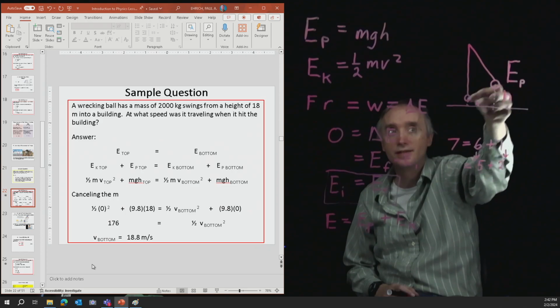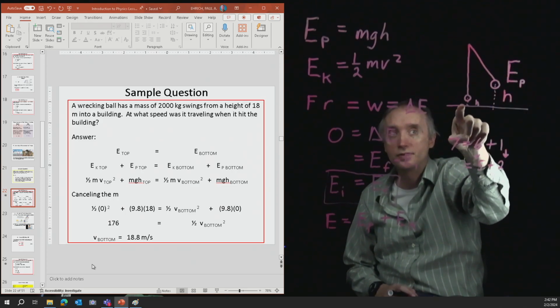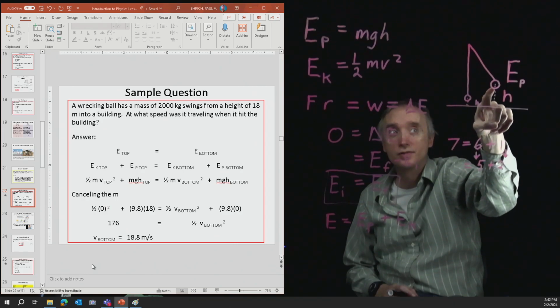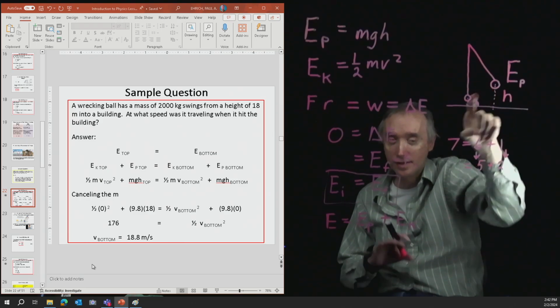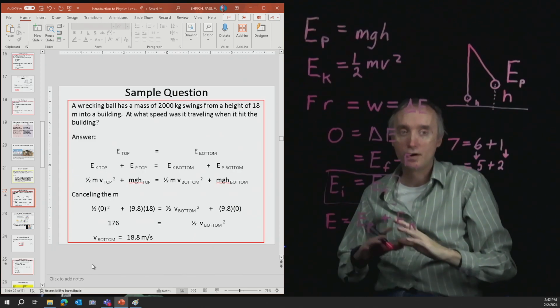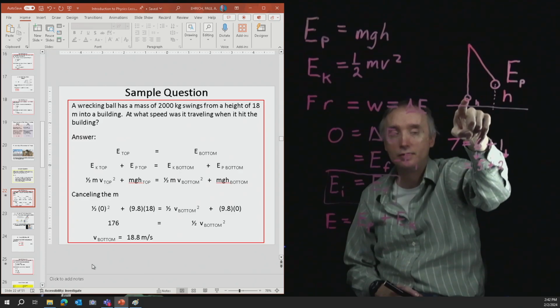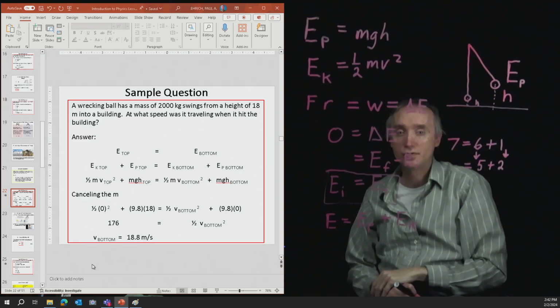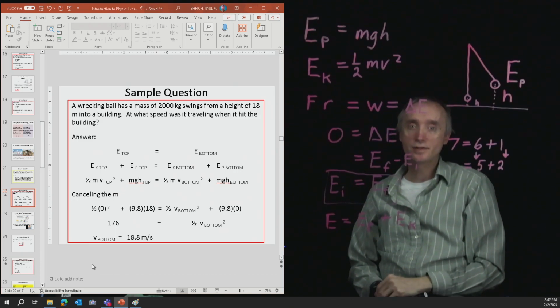It's going to have this exact same speed when it hits the building, whether this was a 2,000 kilogram wrecking ball or whether it was a ping pong ball. Now, again, that's assuming no wind resistance. So if you ignore all of those other factors, it would have exactly the same speed when it smashes into the building.